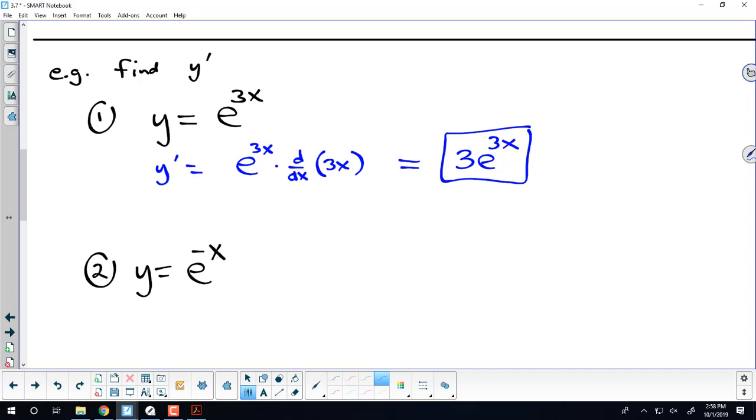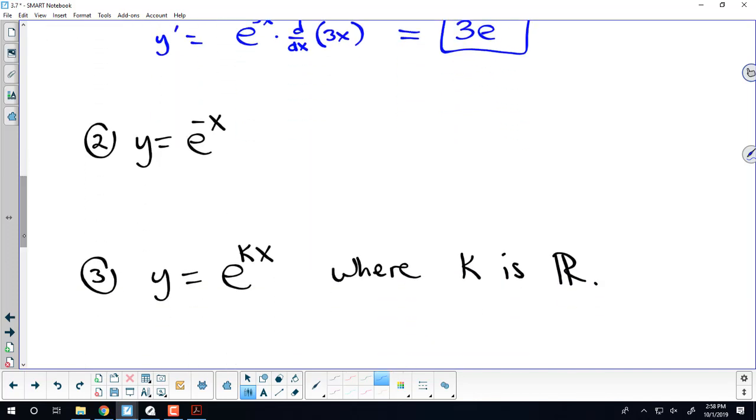What's the derivative of e to the negative x? E to the very same power as we started with times the derivative of the power. Derivative of negative x is negative 1.